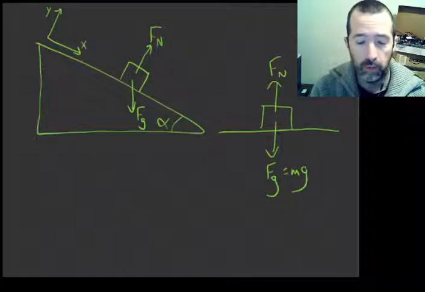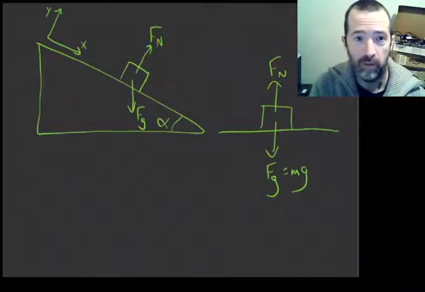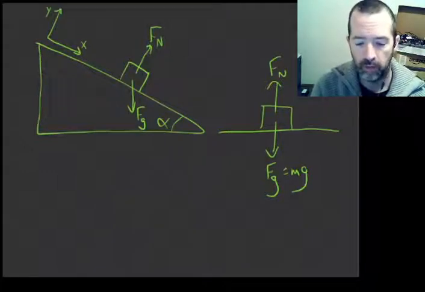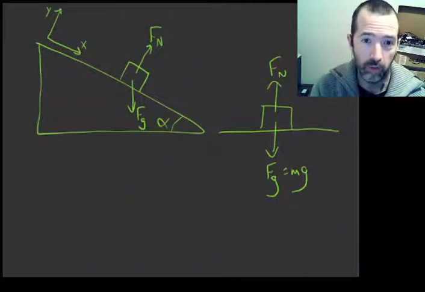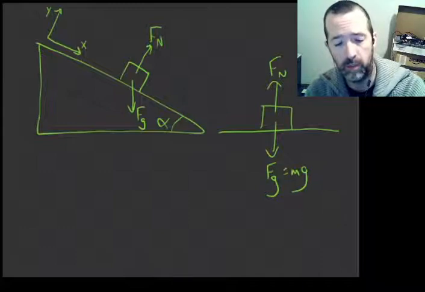But the gravitational force, the weight, is a diagonal force according to this reference frame. And so what I want to do is sketch in the components of the weight to help me think about how to set up any math that I need to do.